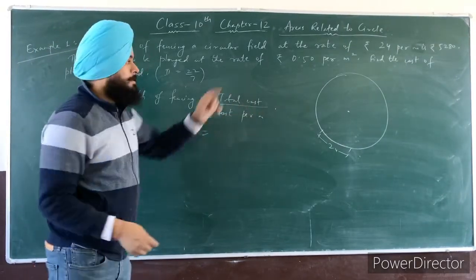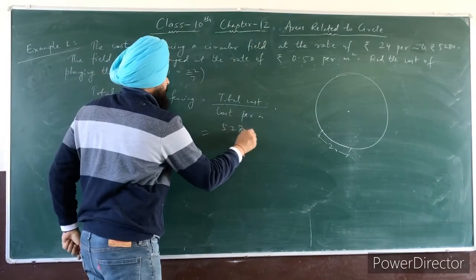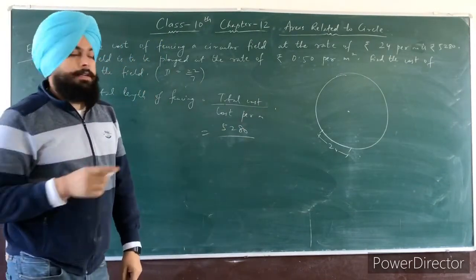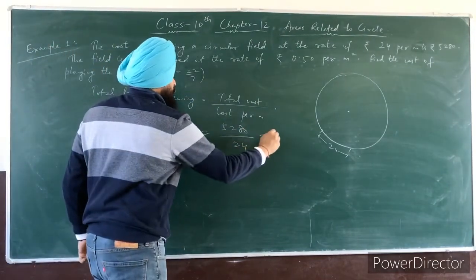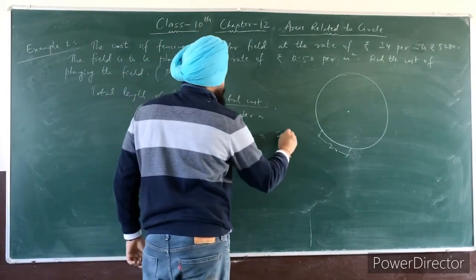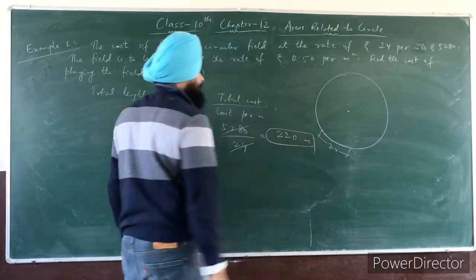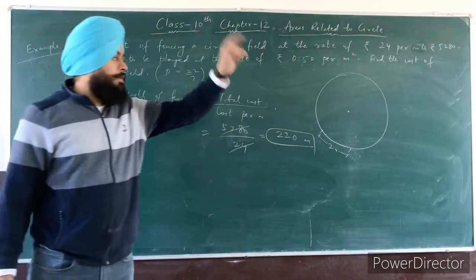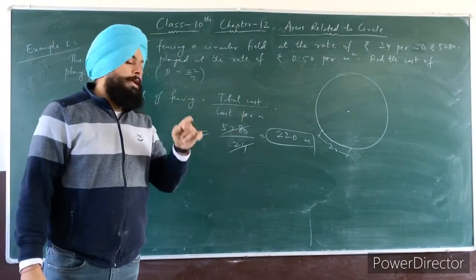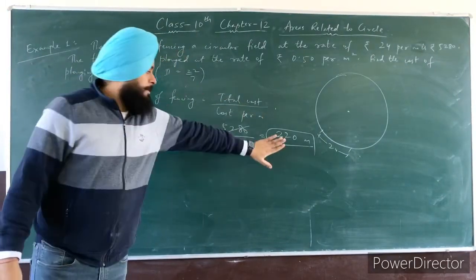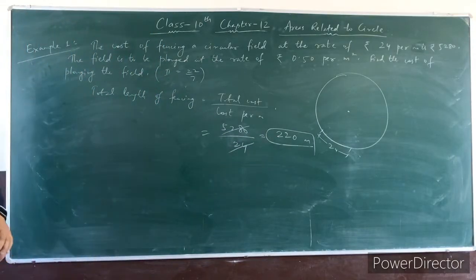So the total cost is rupees 5280 and the cost per meter is rupees 24. So it is how much? 220 meter. It means the total length of that circular field is 220 meter. Its perimeter is this 220.